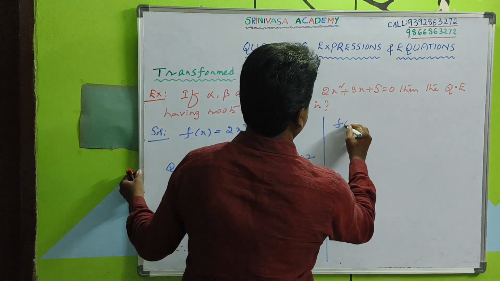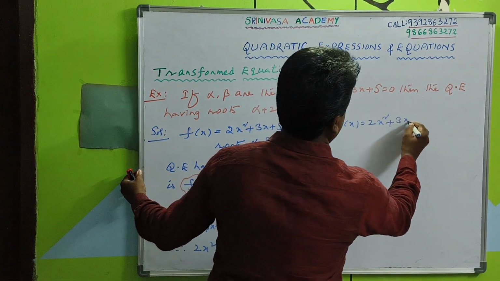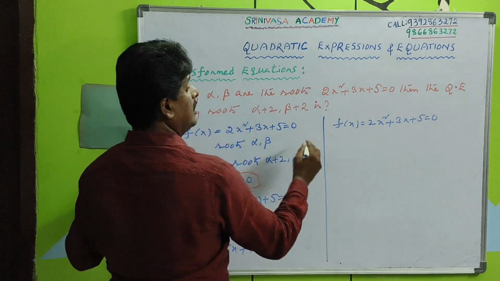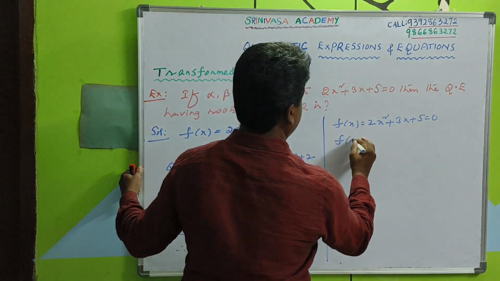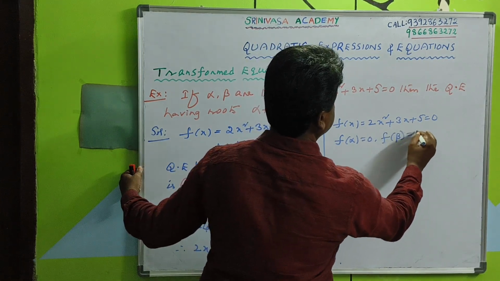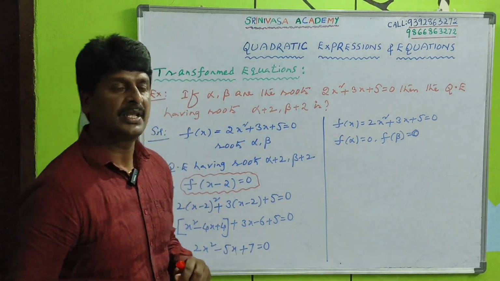Same, let f of x is equals to the given equation. For this equation, alpha is a root means f of alpha is equals to 0. Beta is a root means f of beta is equals to 0, given in the question only.